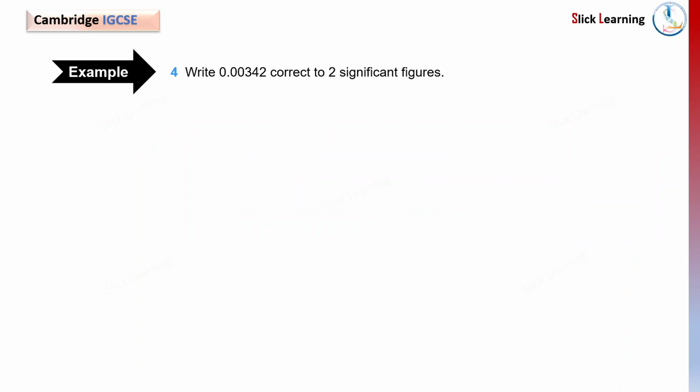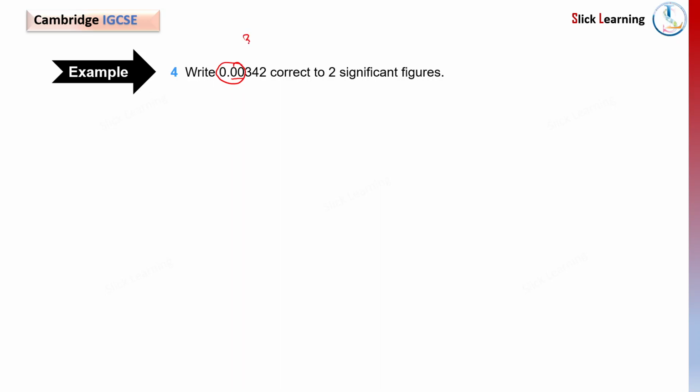We have to give the answer up to 2 significant figures. And just after the decimal, the digits which are zeros are not significant. Once again, in the case of a decimal number, the zeros just after the decimal are not significant. So since after 0 point there are 2 zeros, these are not significant.